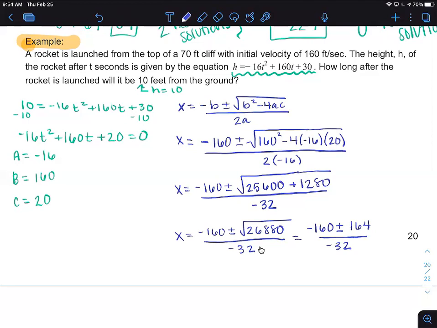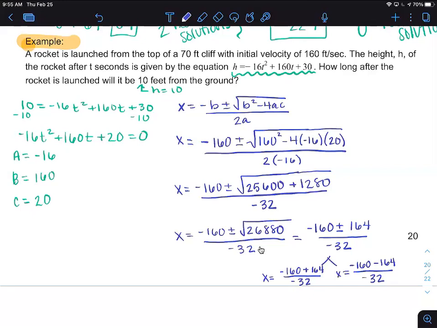But now we want two answers, so we're going to break this up into two equations. x equals negative 160 plus 164 divided by negative 32, and x equals negative 160 minus 164 divided by negative 32.